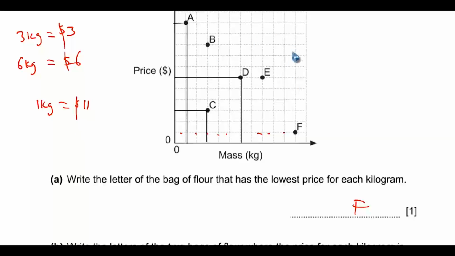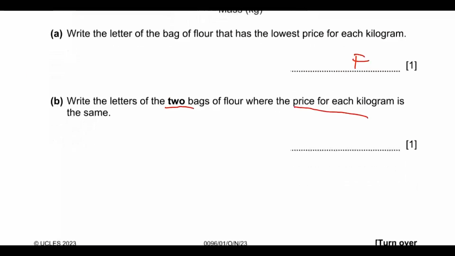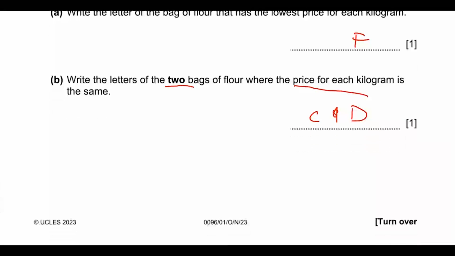If you do this for the others too, you're not going to get an equal value for the price of 1 kg, rather than for this and this, so for points C and D respectively. So I'll write C and D here.